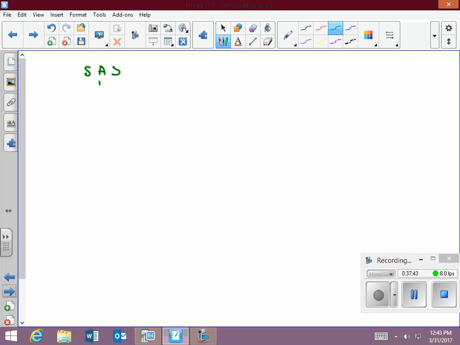And what we're going to find is that angle, angle, side also works, because if you know two angles of one triangle are congruent to two angles of another triangle, then the third angles are congruent. And then from that you have angle side angle, which is a congruence.